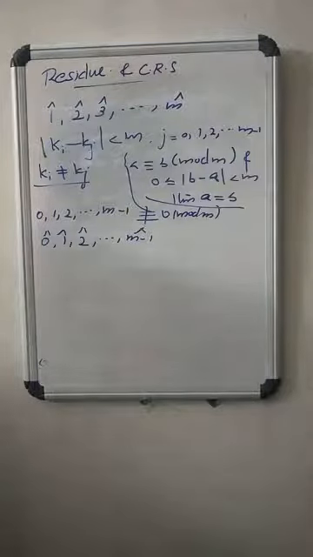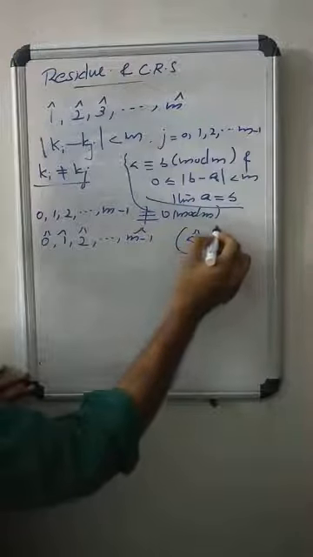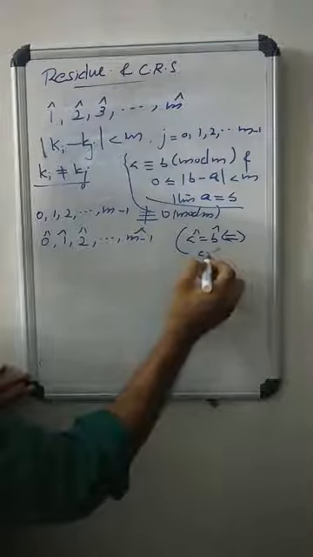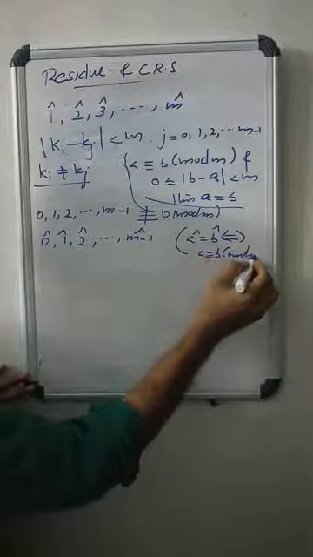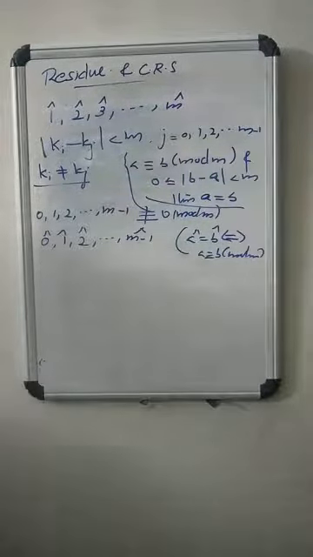Okay. Why? Because we already proved that â equals b̂ if and only if a is congruent to b mod m. So due to the incongruence, 0̂, 1̂, etc., m minus 1 hat are mutually disjoint.